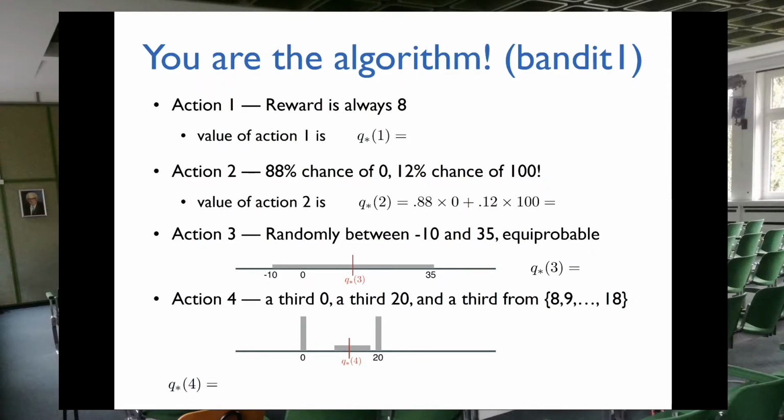There could be many strategies. For example, maybe you can say, okay, I will play 10 times action 1, 10 times action 2, 10 times action 3, and 10 times action 4, and then I will select the action that gave me the largest reward in any of these 40 actions that I played.